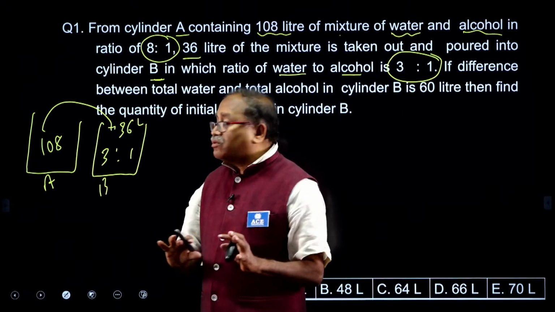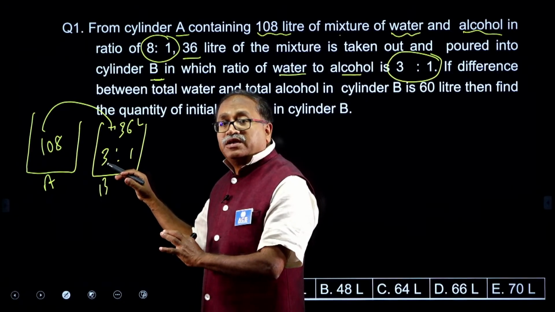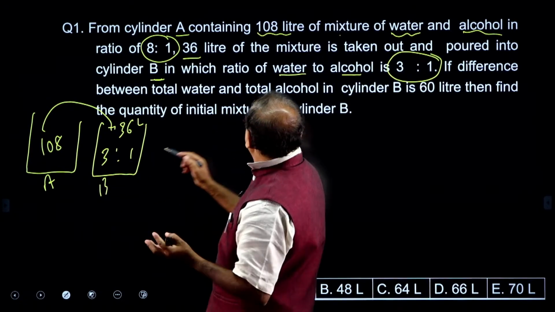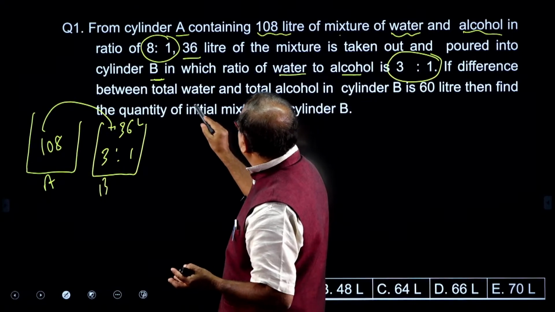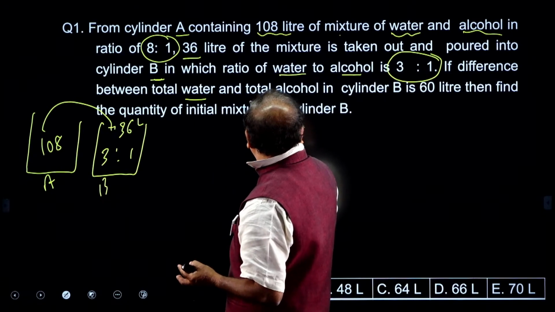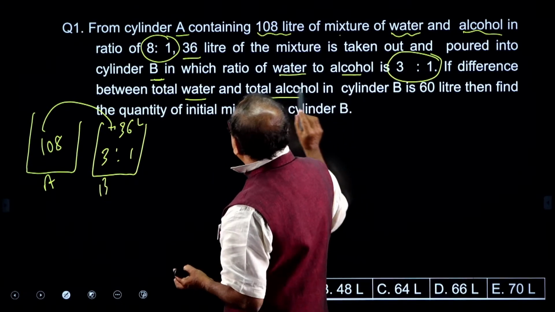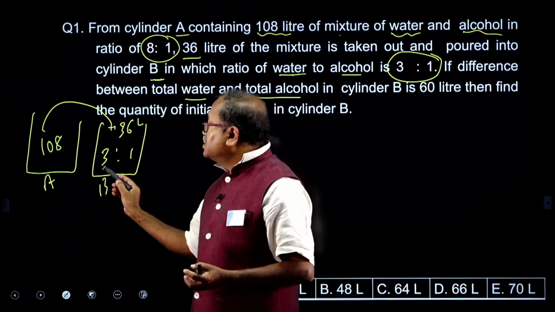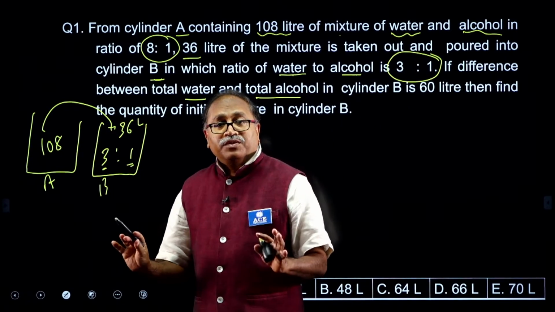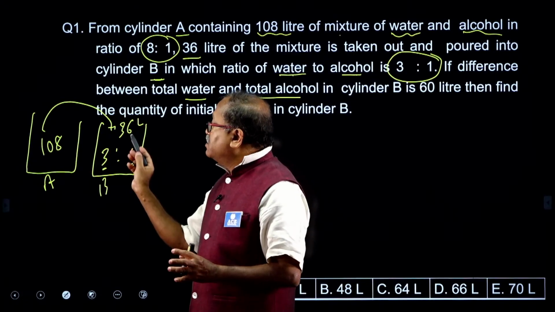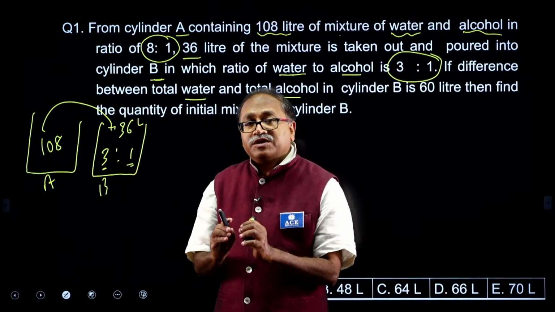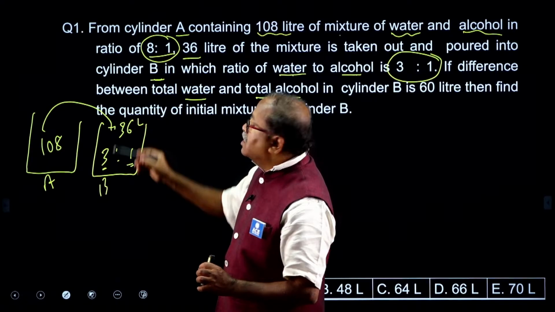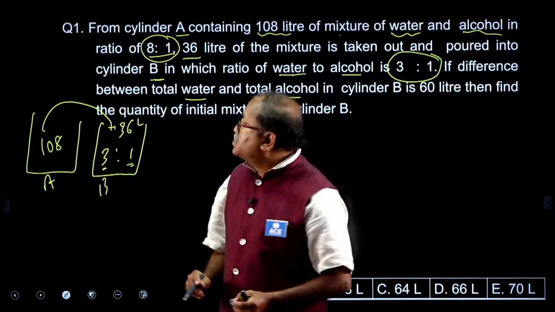So, some quantity is there in B, alcohol and water, and again here is it alcohol to water or water to alcohol? Okay, here water to alcohol. So, here also this is water and this is alcohol. Certain quantity is there in B, in which you have put 36 liter of solution in which the water and alcohol are in the ratio of 8:1.